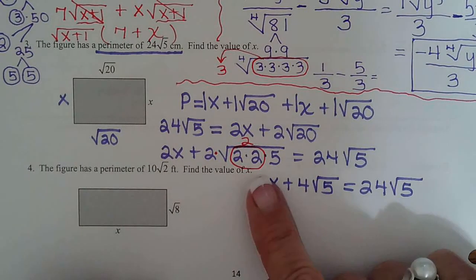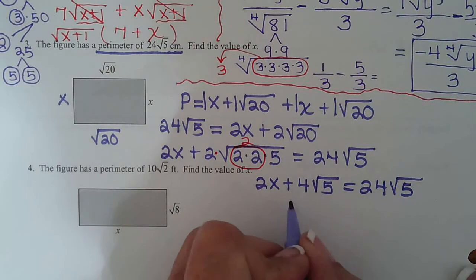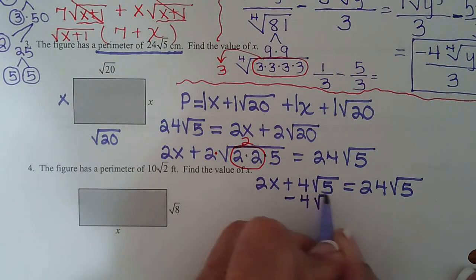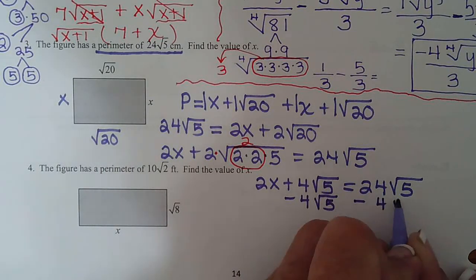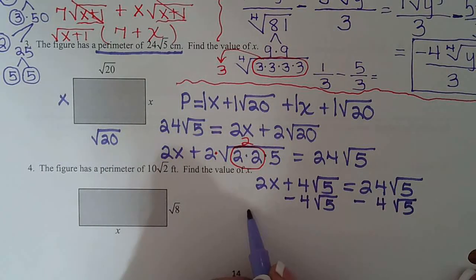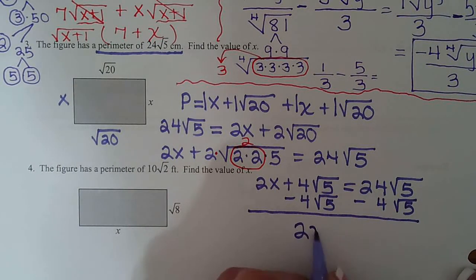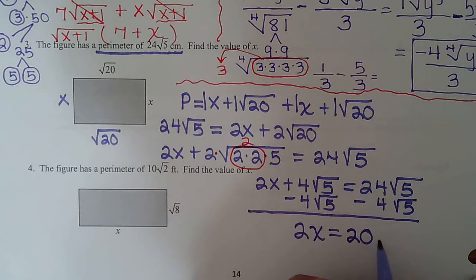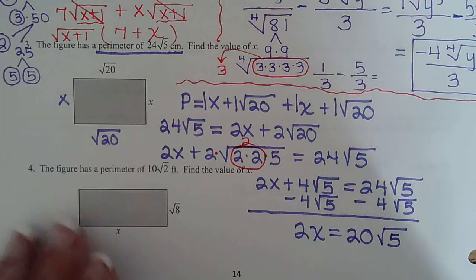which means I need to get it alone, which means that needs to move over. So to switch something to the other side of the equal, remember, we always do the opposite, and we're allowed to add and subtract these because they are like terms. So we get 2x equals 20. 24 minus 4 is 20 rad 5. Remember, we subtract the front numbers, keep the radical the same.